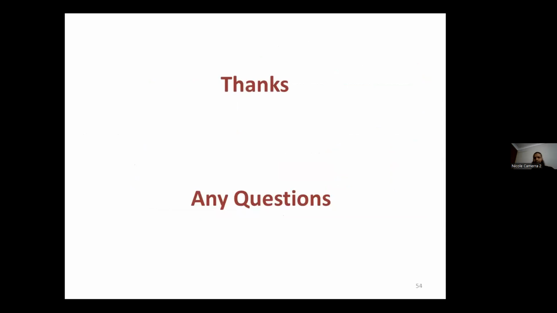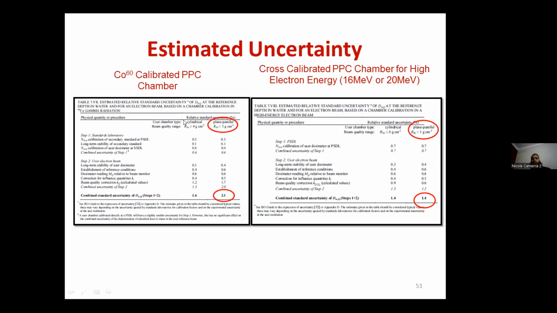One question before I go to the last slide. Sorry, how can I go back? Yes. On the left hand side you can see the relative standard deviation, and a cylindrical chamber is given as well, like a Farmer chamber.